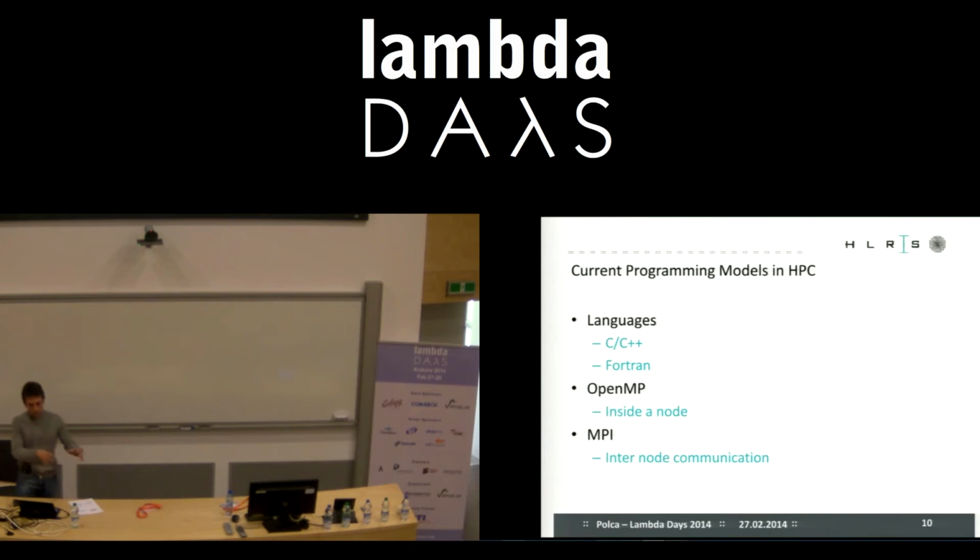And you set up a lot of nodes, and they are in an internal network. So if you want to communicate inside a node, usually you use something like OpenMP, which basically is just normal threads. And if you want to communicate between different nodes, you use message passing interfaces. So that's how we are doing it till now.